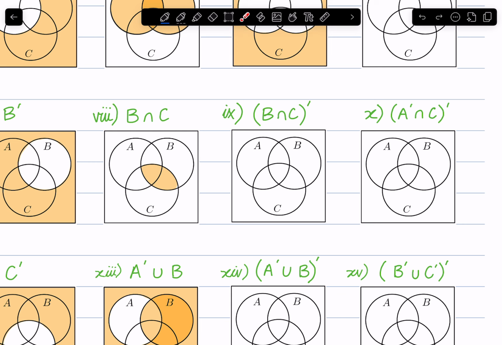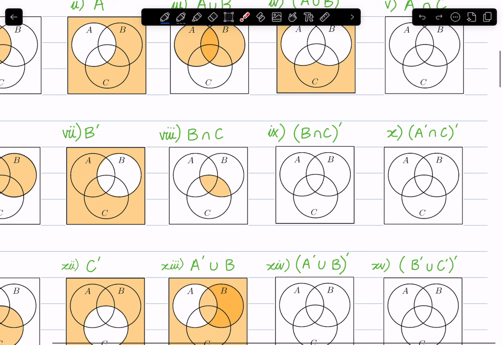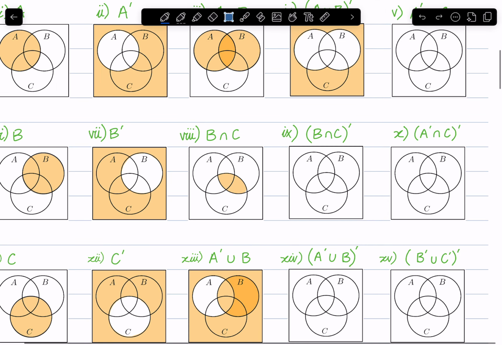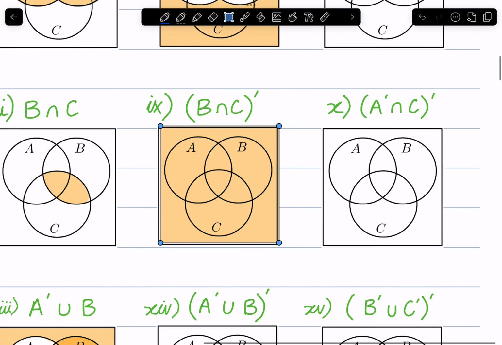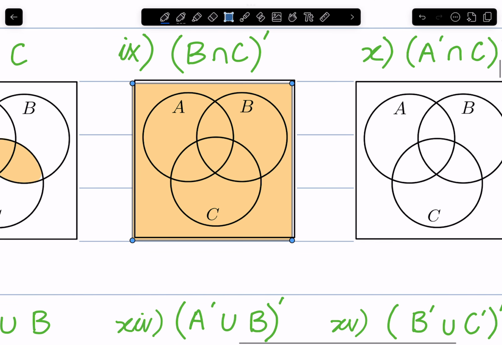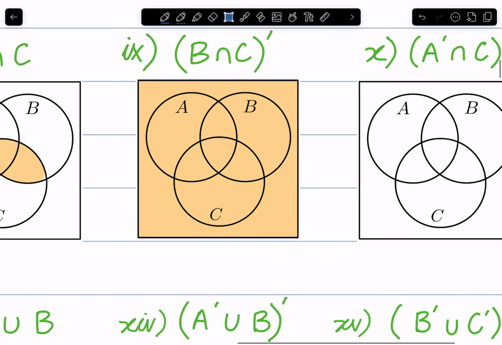B intersect C. In this one, we're looking for the complement of B intersect C. Well, since we have B intersect C, we're looking for just everything outside that group. So highlighting that, it'll be everything that is not that group.